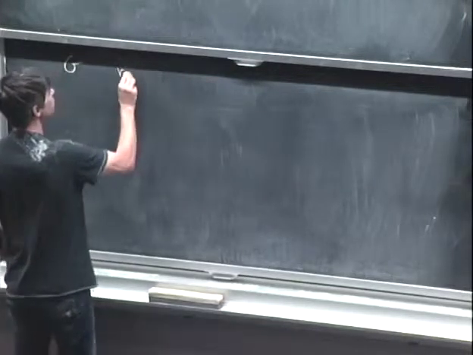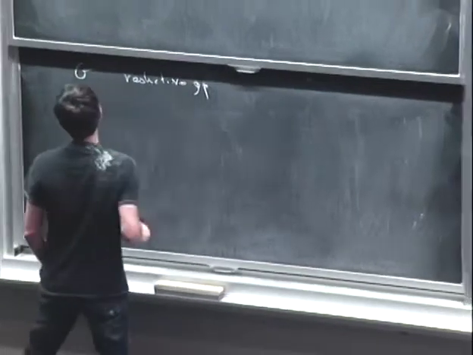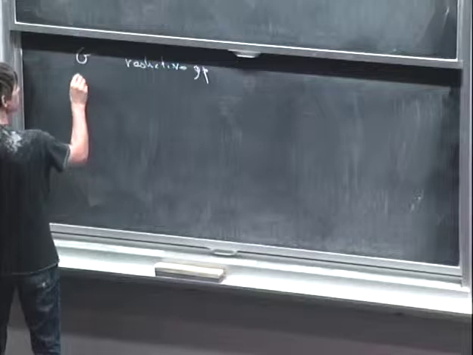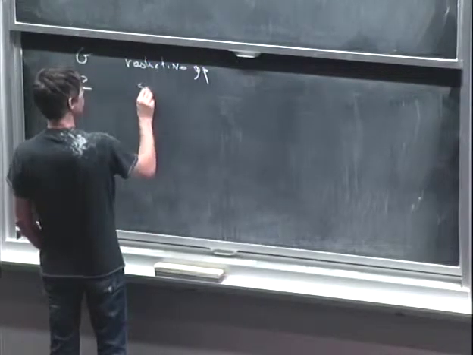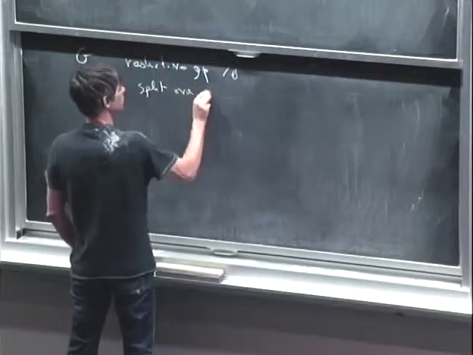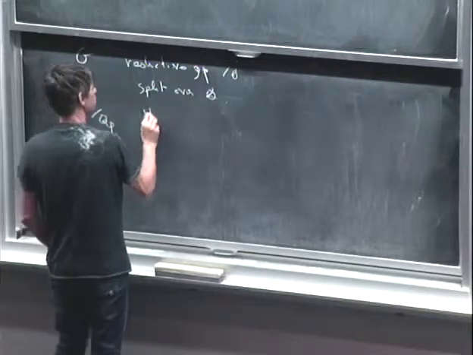So let's fix some basic notation. I'm going to take G a reductive group. I'm going to assume for simplicity that the center Z is split over Q. I'm going to assume that G over Q_p is also split.